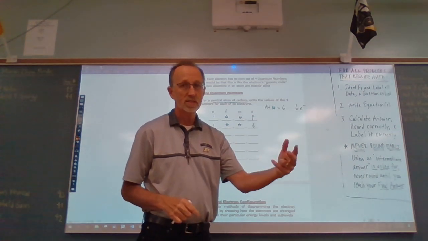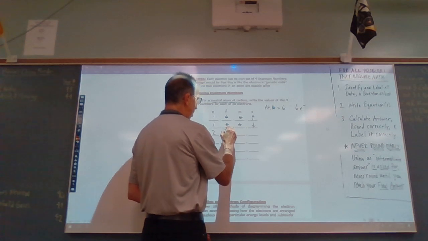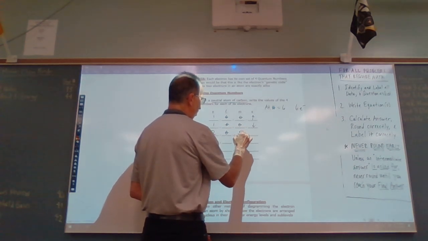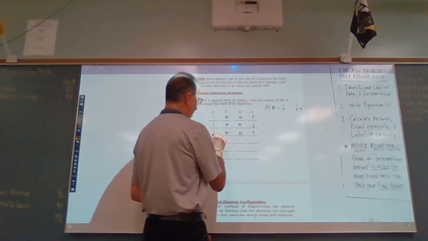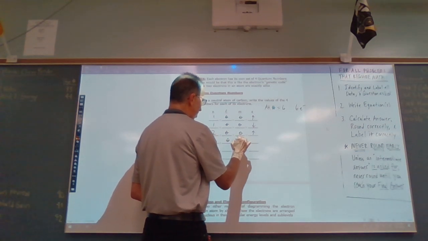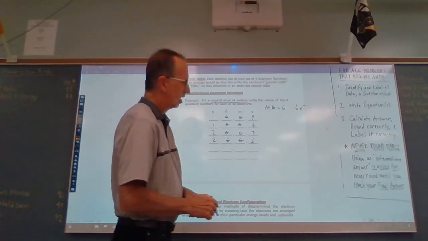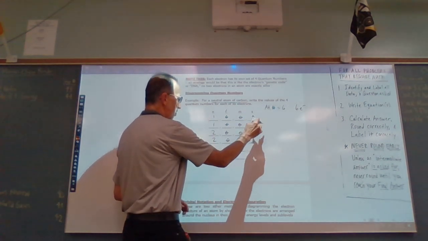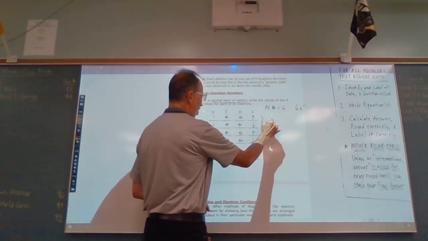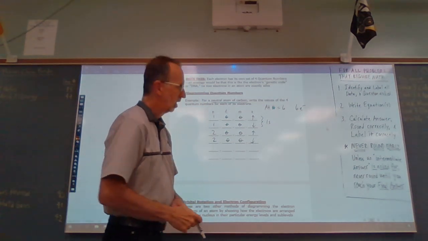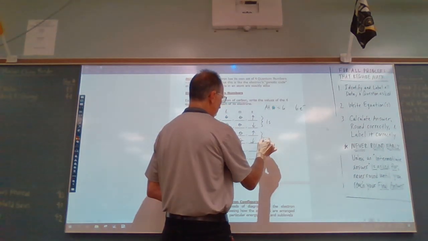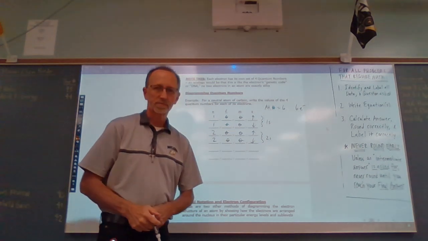We start with the lowest sublevel, which is L equals 0. When L is 0, M is 0, and then clockwise. And then we have a repeat, 2, 0, 0, counterclockwise. All right? Remember, these 2 electrons are in the 1s orbital. These 2 electrons are in the 2s orbital.